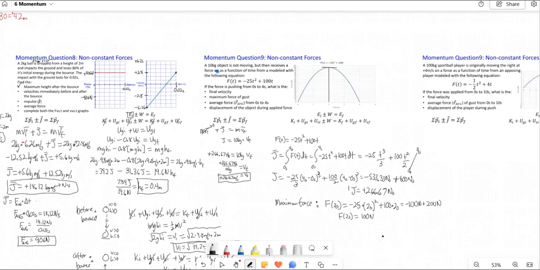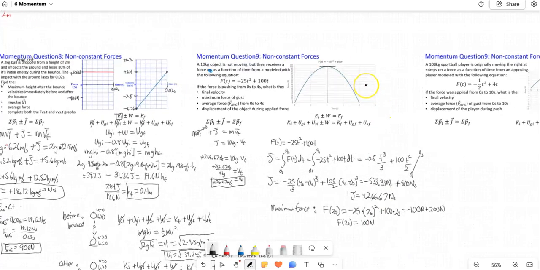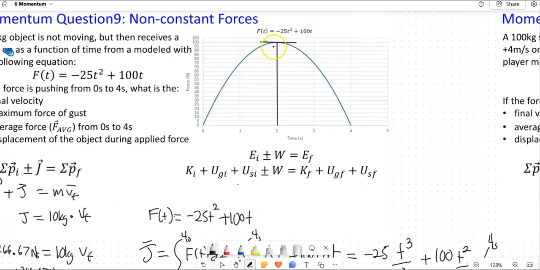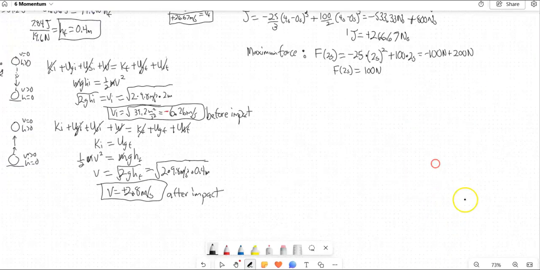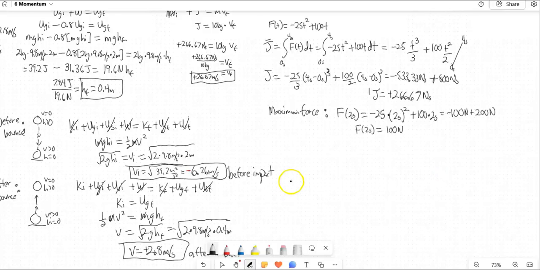Another way you could figure this out, okay, is if you notice the slope of this line is 0. Okay, so we know in a parabola, and it doesn't continue on, that it reaches, so notice at that maximum height, that slope is 0. Okay, and that's really important. So here we have our function, okay, which is negative 25 t squared plus 100 t.